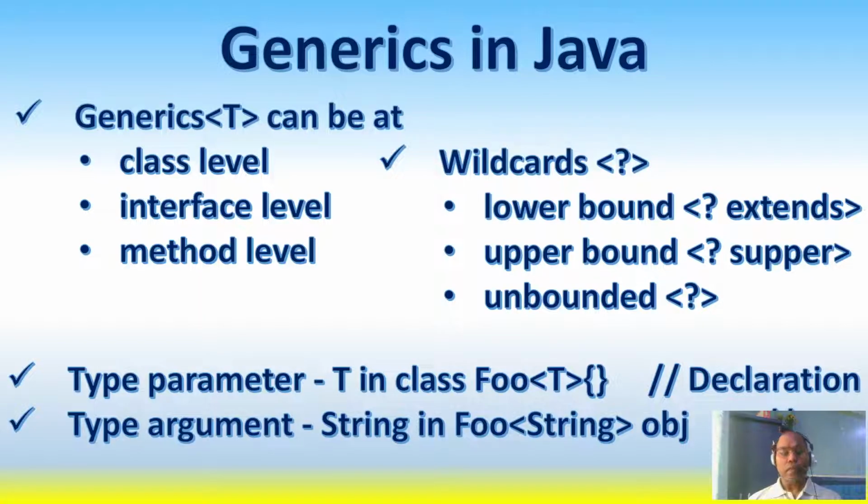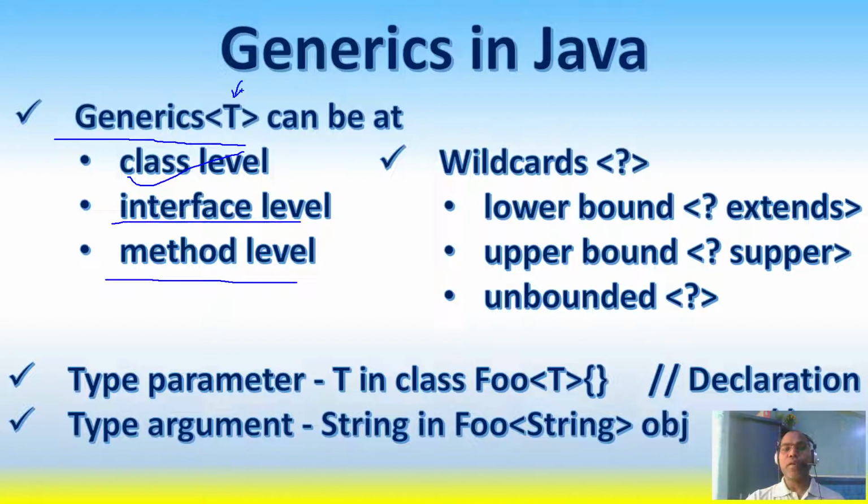As we already discussed, we can write this generic class at class level, interface level, or method level. This T means whenever you use this class, you can pass any type argument, maybe string, integer, double, float.